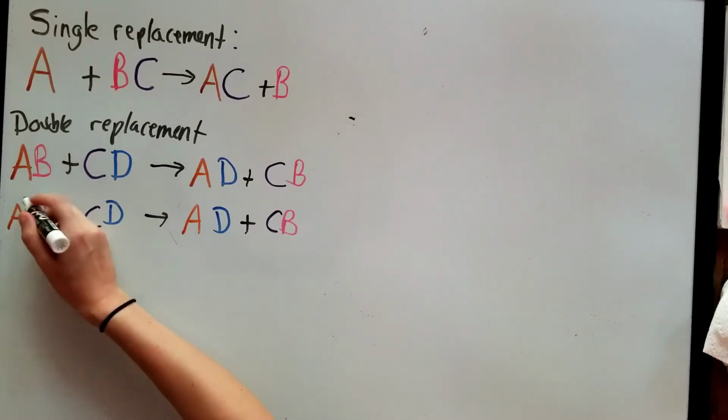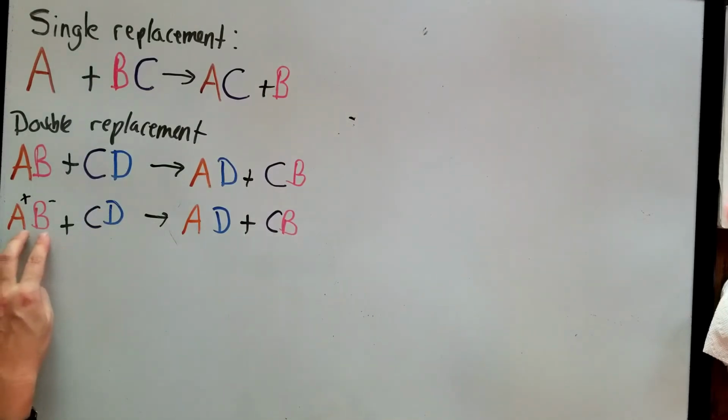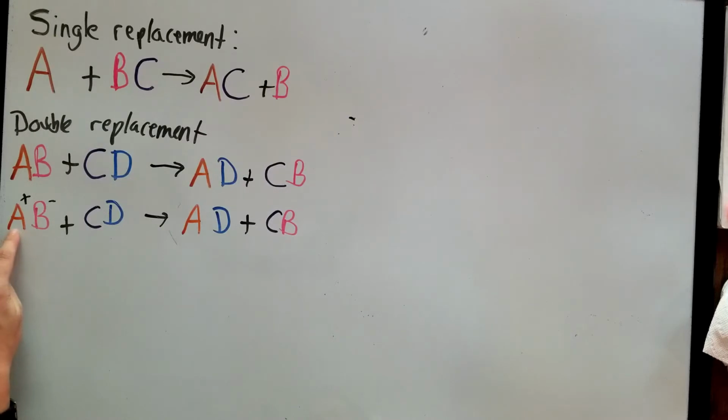So my A is going to be positive, my B negative, because whenever we have an ionic compound, it's always a positively charged with a negatively charged, because opposites attract. Notice the positively charged ion is always first. Same when we named ionic compounds, we always named the positive, the metal portion first. So you always want the metal, the positive portion first.